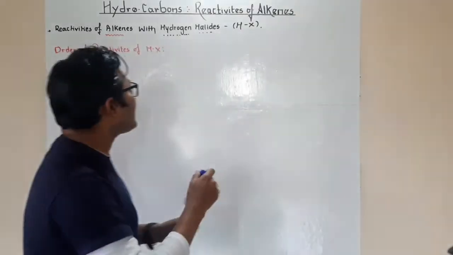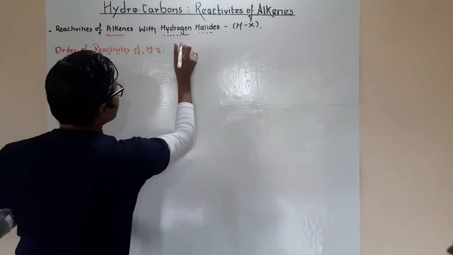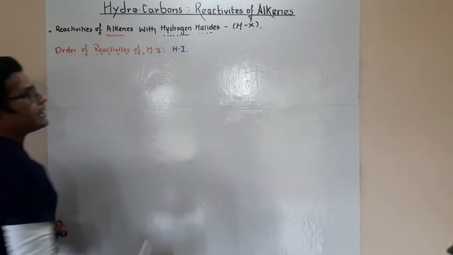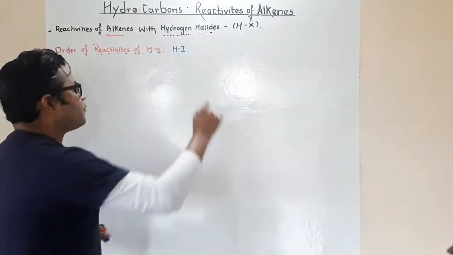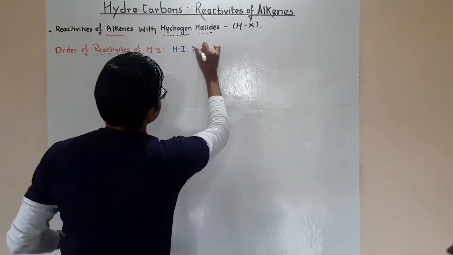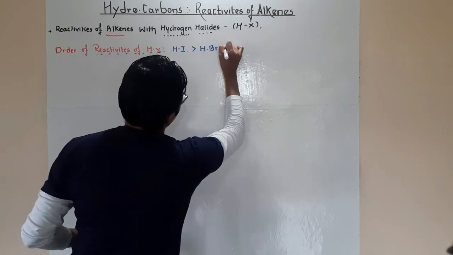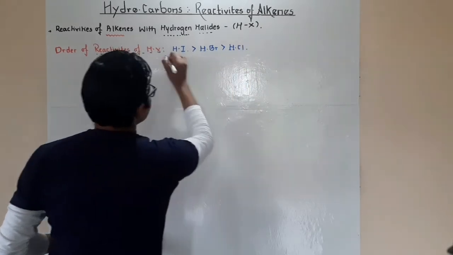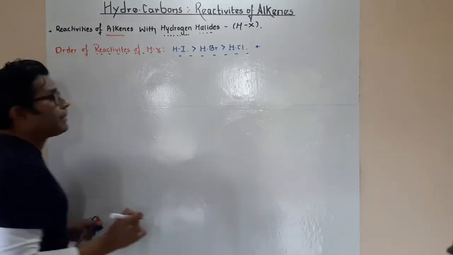The most reactive among these is hydrogen iodide, followed by hydrogen bromide, and the last one is hydrogen chloride. This is the order of reactivity which we need to keep in mind.